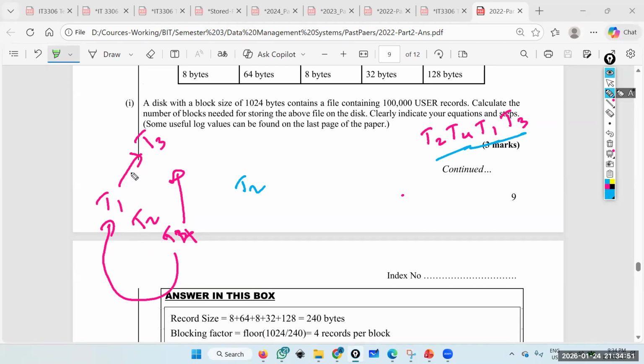T1 has an in arrow, but T4 has no in arrow, right? Now there's no in arrow, it's all going out. So therefore now you can write T2, T4. Now, because you selected T4, you need to delete any arrow going from T4.